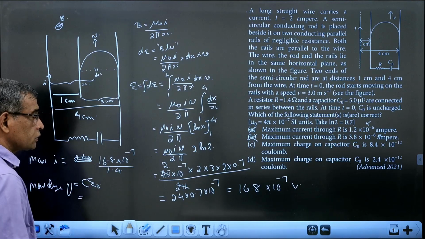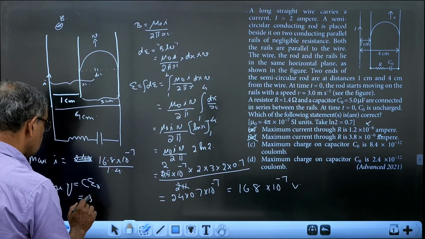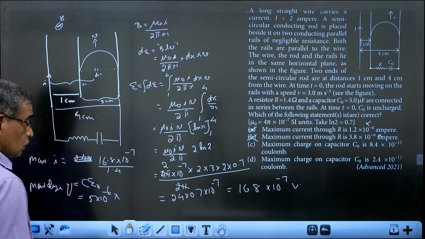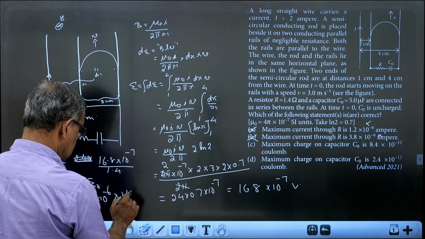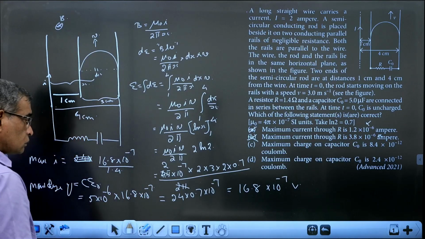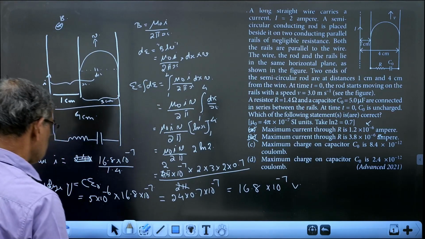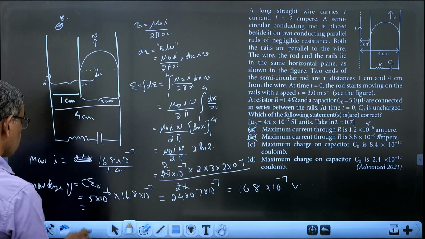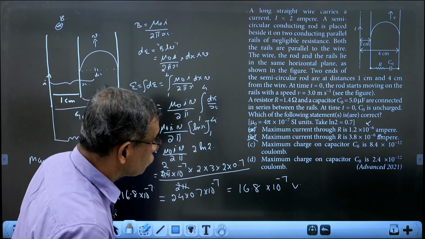On calculation, the capacitance is given as 5 microfarad, 5 into 10 raised to minus 6, into the EMF, which is 16.8 into 10 raised to minus 7. This value on calculation is definitely around 8.4 into 10 raised to minus 12.